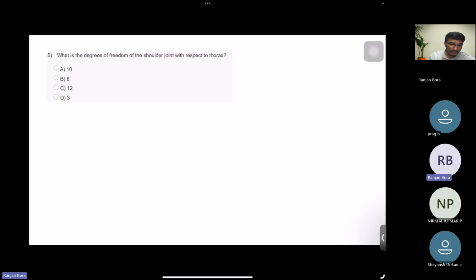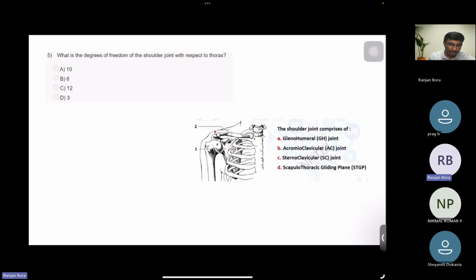Next question, what is the degrees of freedom of the shoulder joint with respect to the thorax? Yeah, 6. You can see that between the shoulder and the thorax there are 4 joints mainly, but those connecting with the thorax are one glenohumeral joint, here it is, and one scapulothoracic articulation.